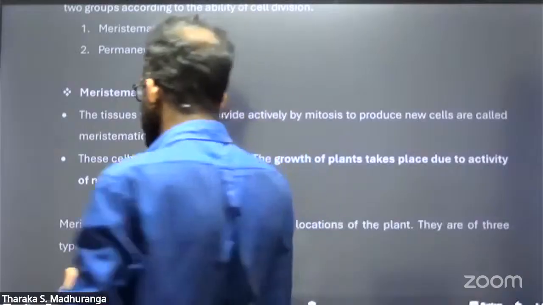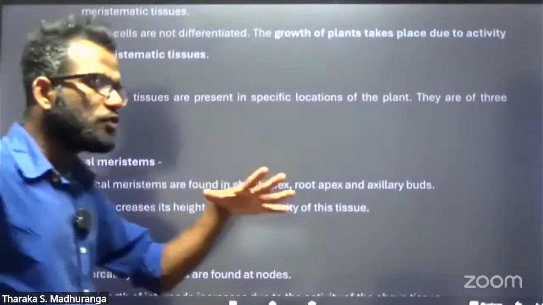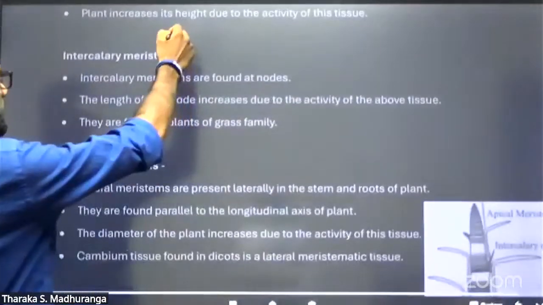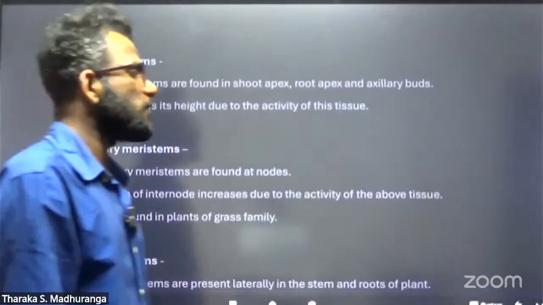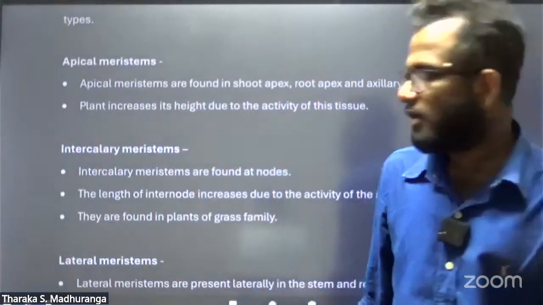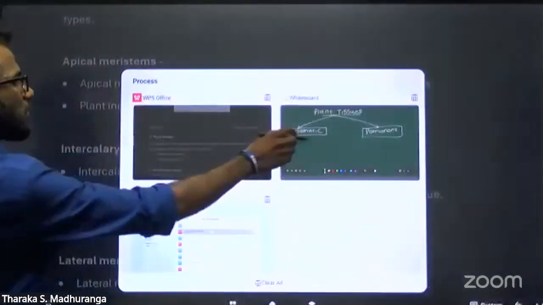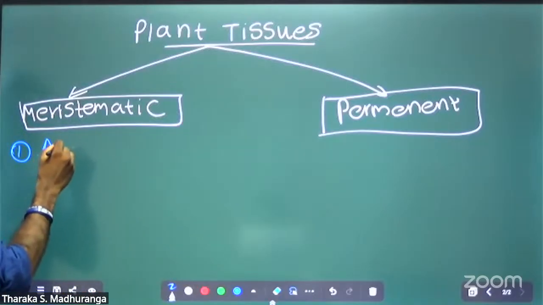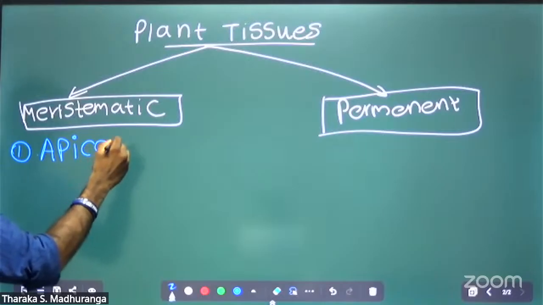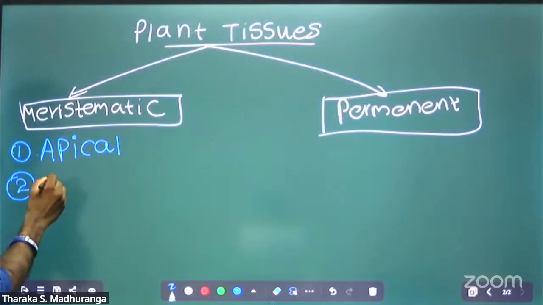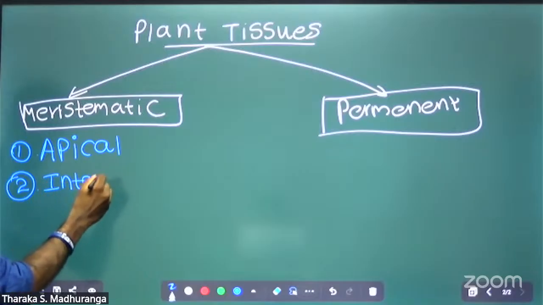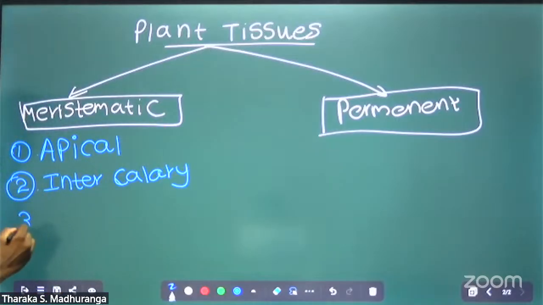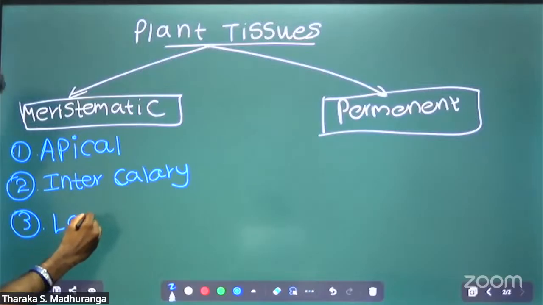Okay, as we discussed last day, meristematic tissues are mainly three types: apical meristems, intercalary meristems, and lateral meristems.